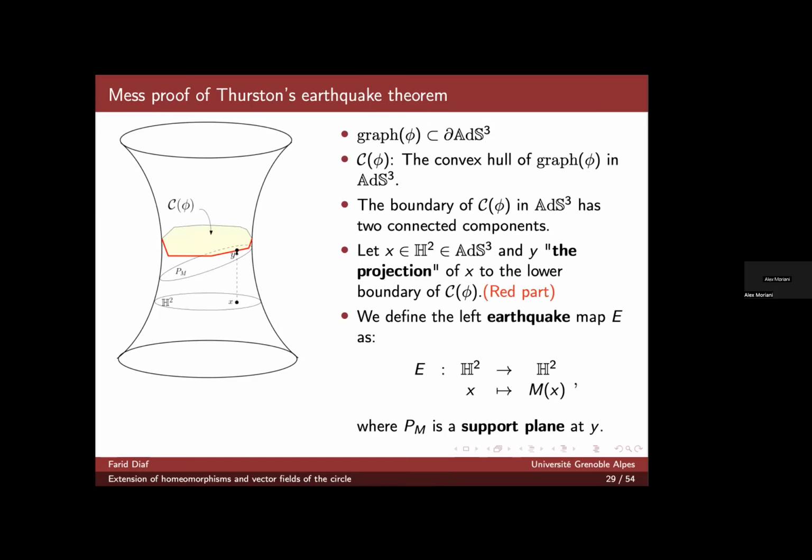Yes, I have some questions. You said that as soon as you have a homeomorphism of the circle, it suffices that the graph is included in an affine chart. It seems strange. If you take, for instance, an isometry, don't you obtain a photon that is not included in an affine chart?